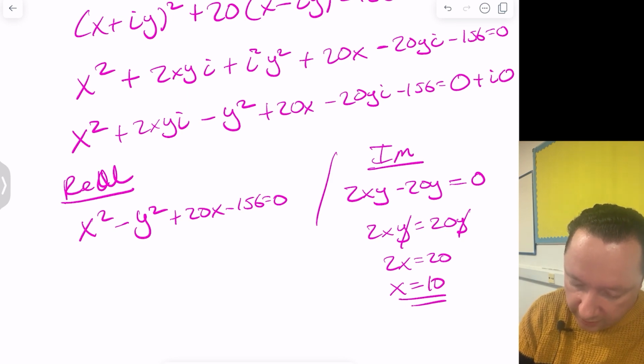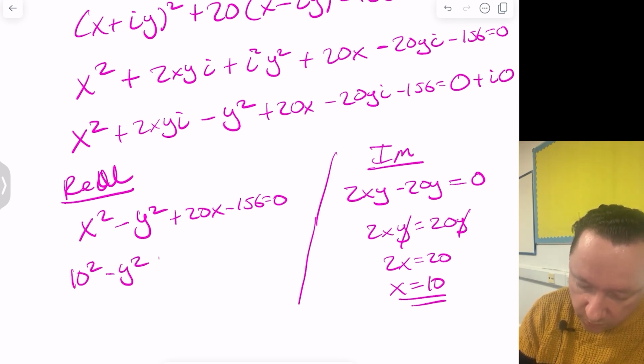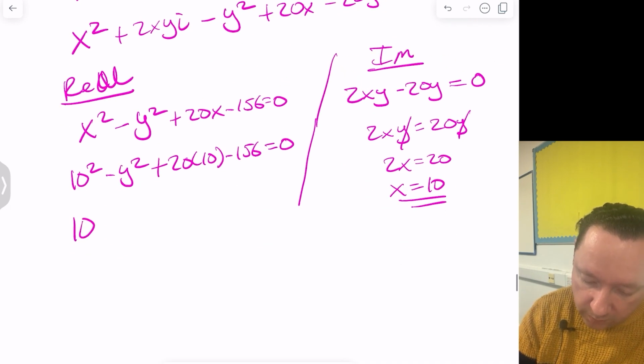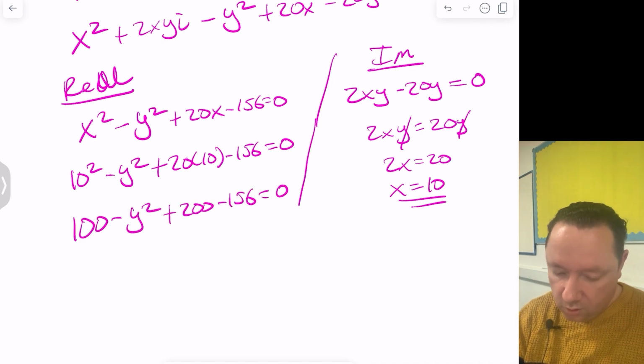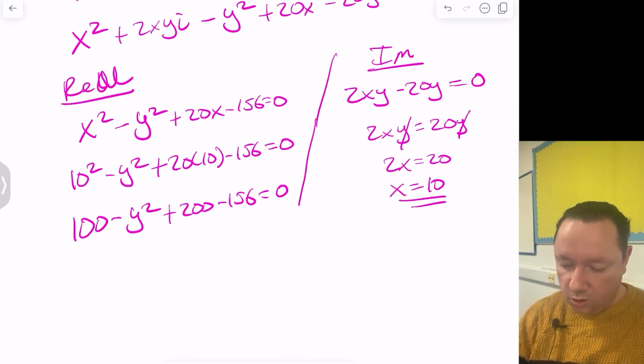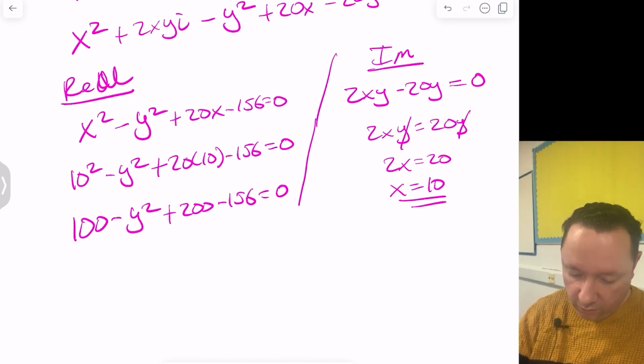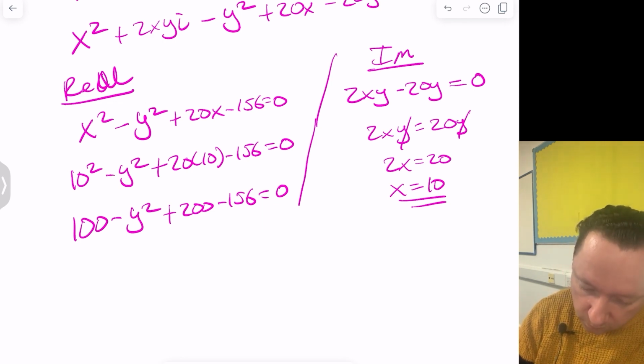We know x is now 10, so we can do 10 squared minus y squared plus 20 times 10 minus 156 equals 0. 100 minus y squared plus 200 minus 156 equals 0. So that's 300 minus 100 is 200 minus 56 is 144. So you get minus y squared plus 144 equals 0.